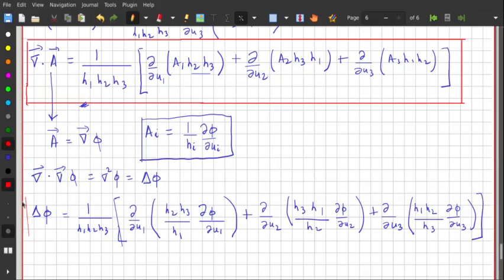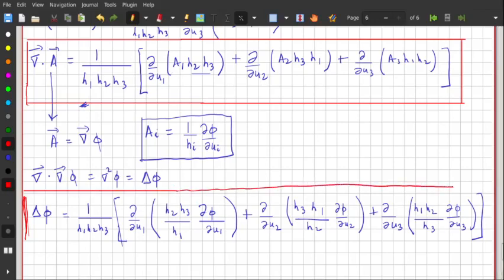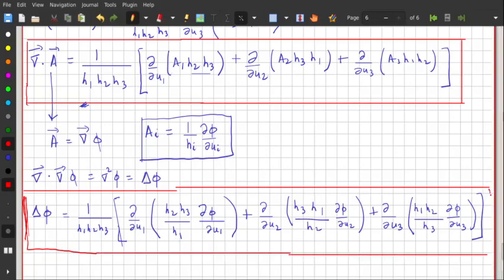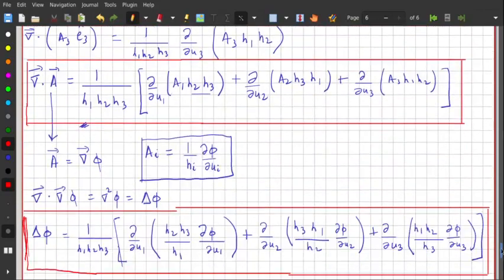So we have written the general expression for the divergence, and the general expression for the Laplacian of a scalar field. So the divergence of a vector and the Laplacian of a scalar field in arbitrary curvilinear coordinates. These two expressions are very powerful, and as you'll see, the only thing we require to get to a specific form is knowing the scale factors.